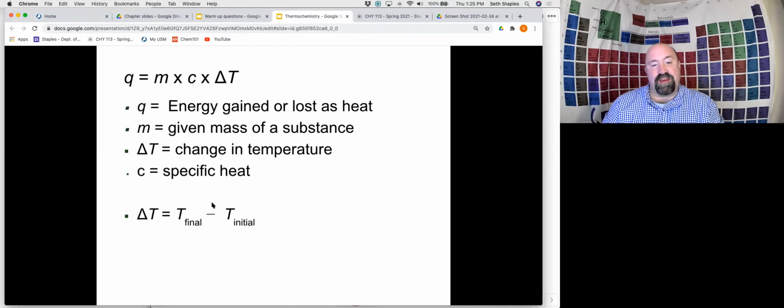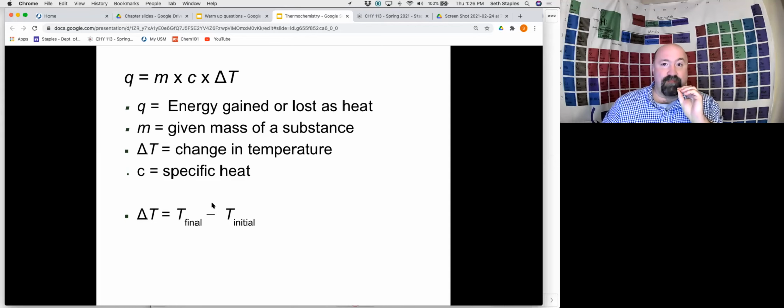Remember, delta T being a change in temperature, that means it's going to be equal to the final temperature minus the initial temperature. Be sure to order it in that direction and pay attention to your sign, because that'll be a big difference if you get a positive Q or a negative Q. And that tells us, again, the direction of energy flow.